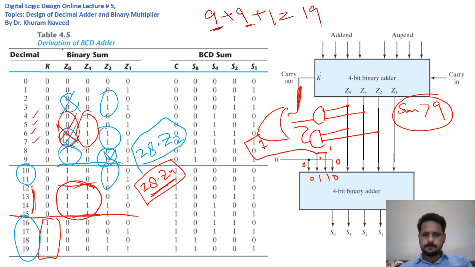So now after these modifications, we have successfully developed a BCD adder, or a decimal adder, that adds two decimal digits.